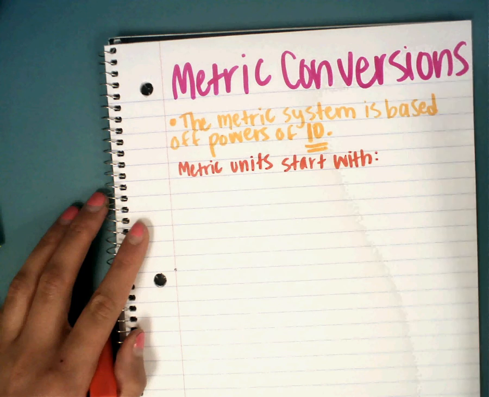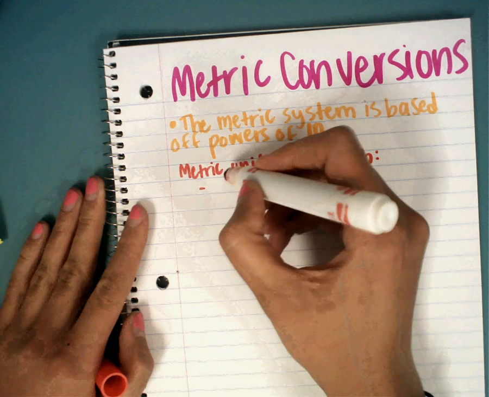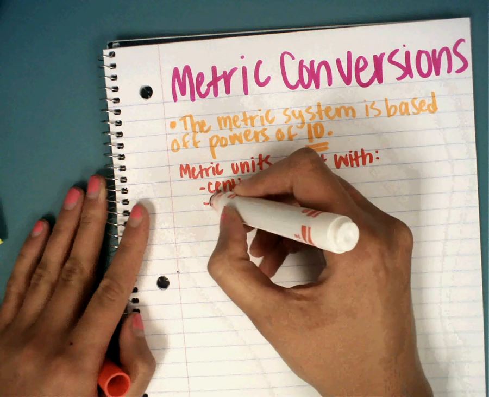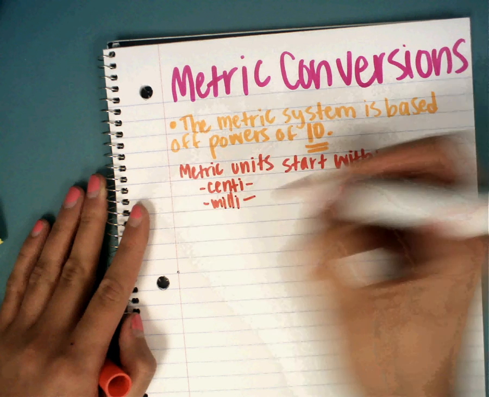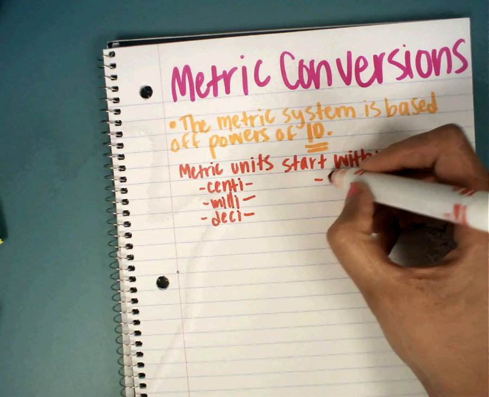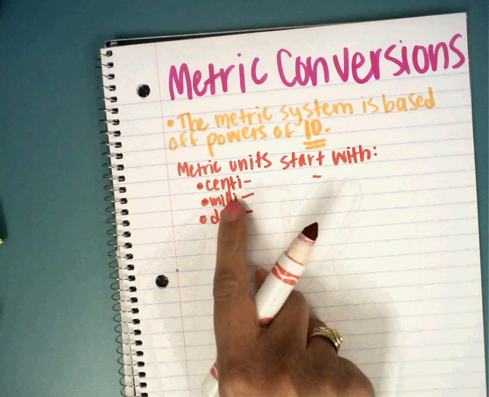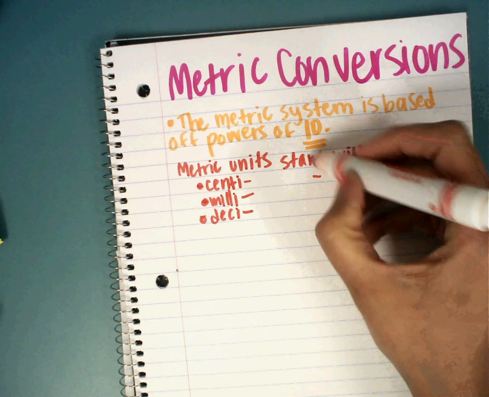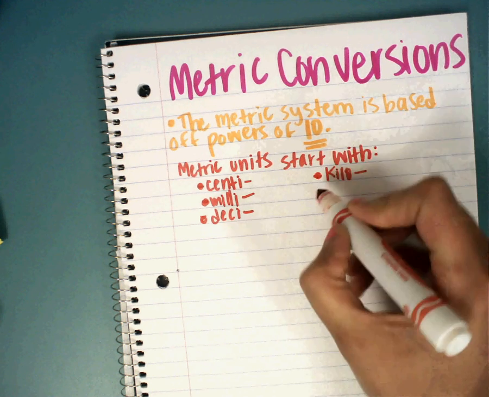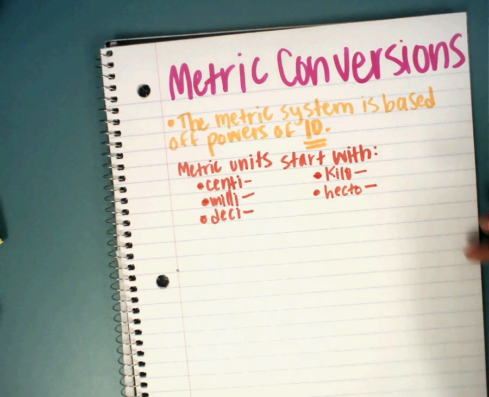So you'll either see centi, you'll see milli, you'll see deci, kilo, hecto even in some cases, but the ones that you'll really see are those centi, milli, kilo, okay?